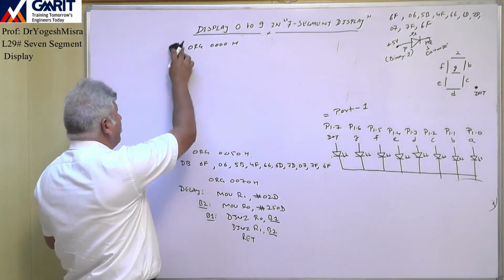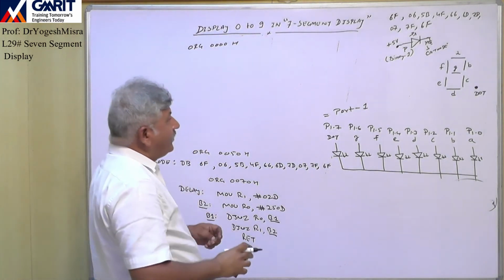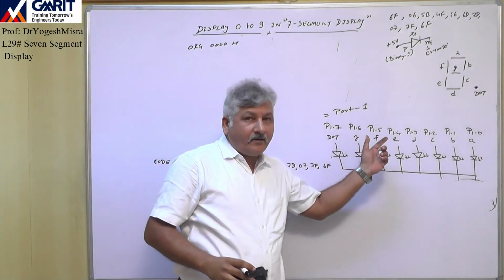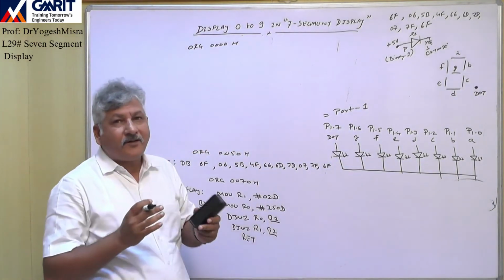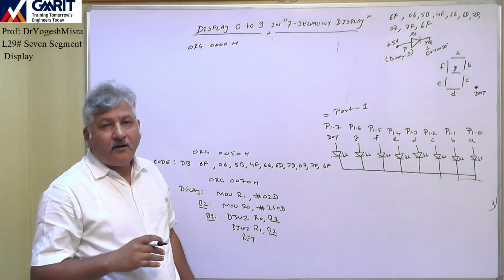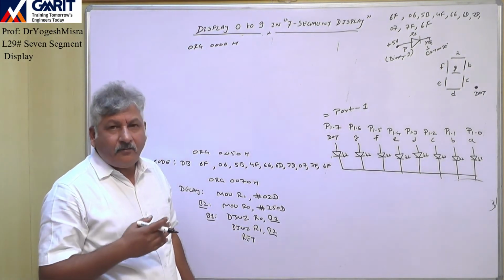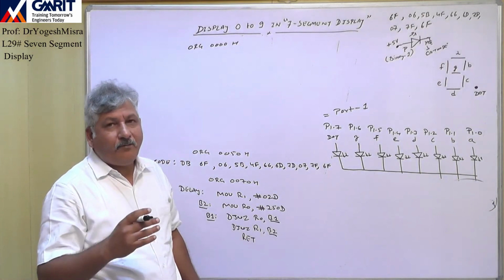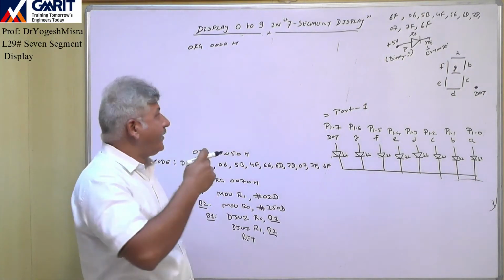Now we will write the main program. Since we are going to display 10 numbers, we will use one register as a counter which will tell the controller that we have displayed all the 10 numbers, now repeat the display.